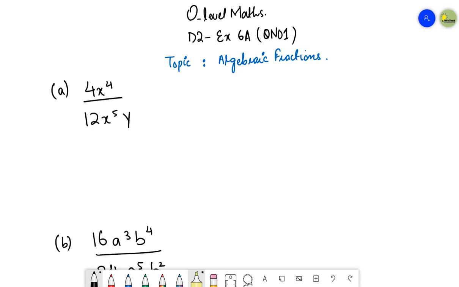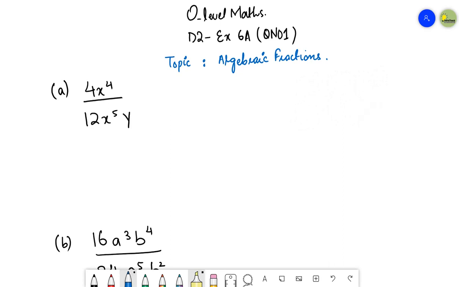The like terms are going to be cancelled, or I can say that the number present in the numerator and the denominator can be cancelled with one another, and if the variables are same and they are present in numerator and denominator, then they can be cancelled out. So let me do this question in detail for you so that you can easily understand its working.